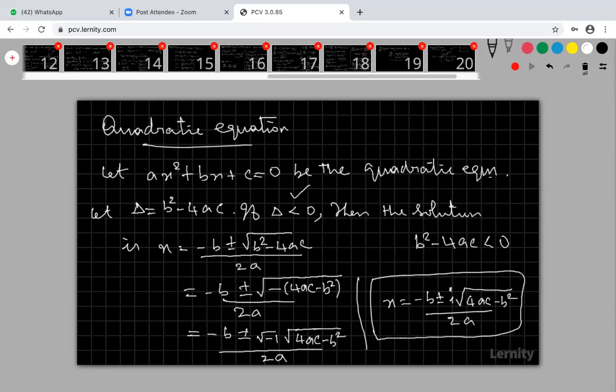When we are getting complex numbers as the solution, the discriminant is less than 0. What is discriminant? b square minus 4ac. What about a, b, c? This a, comma b, comma c are all real numbers only, not complex numbers. But a, b, c all are real.